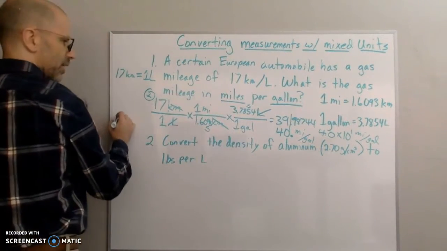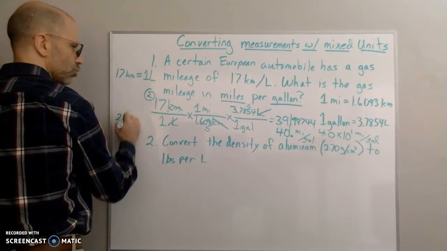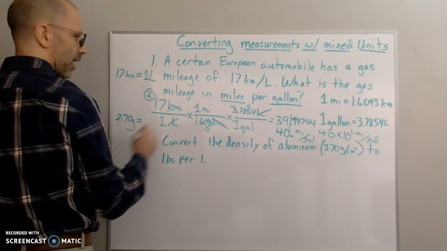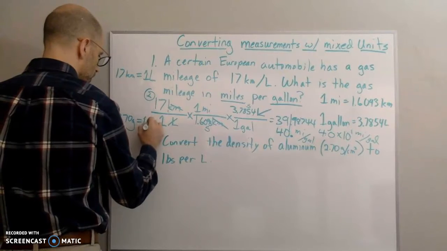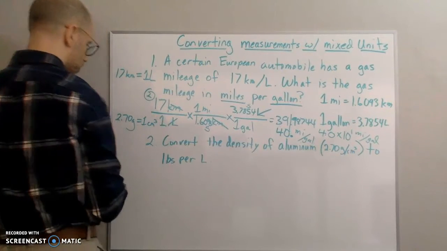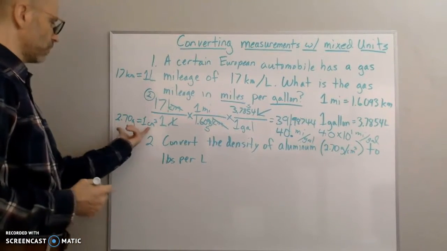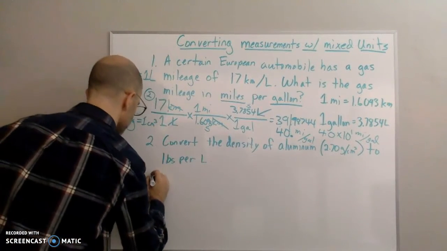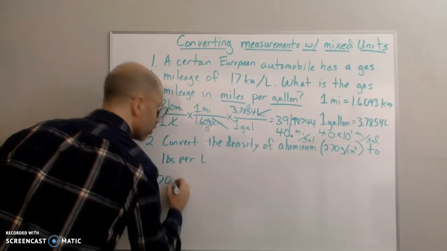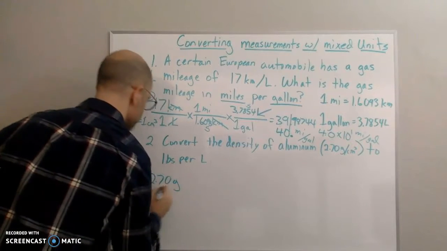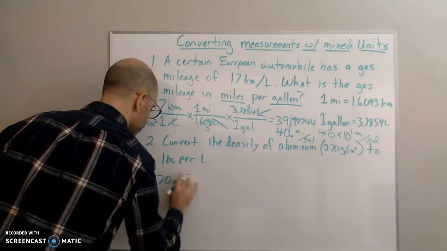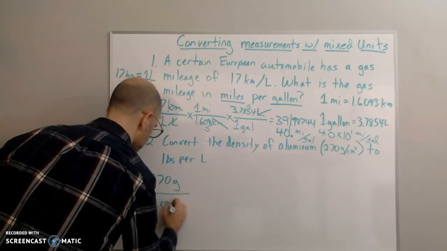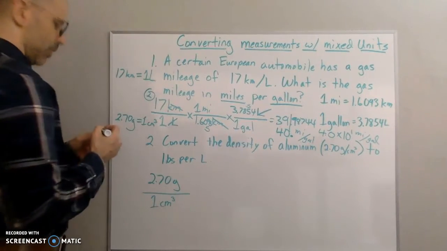So that's the same thing as saying I have, for every 2.70 grams of aluminum, I have 1 centimeter cubed of aluminum. So that's my equality. So I put 2.70 grams of the aluminum on top, and I put 1 centimeter cubed on the bottom.